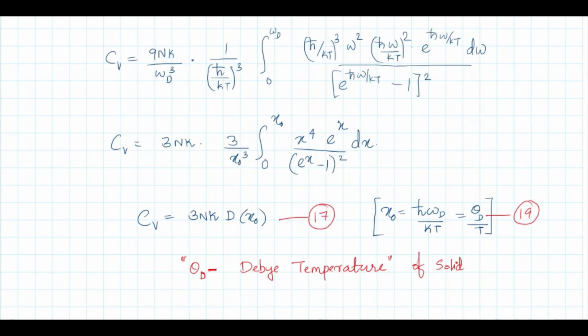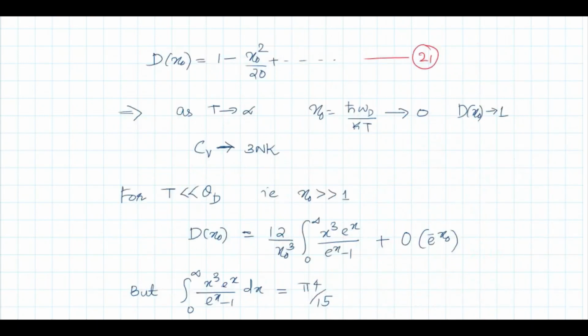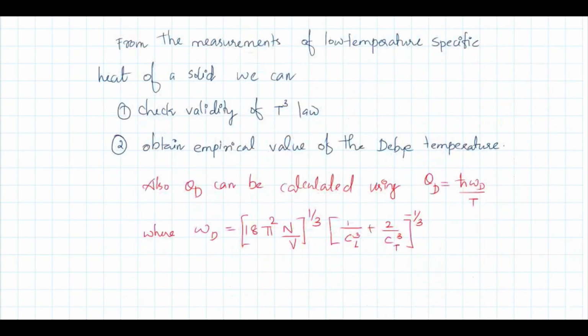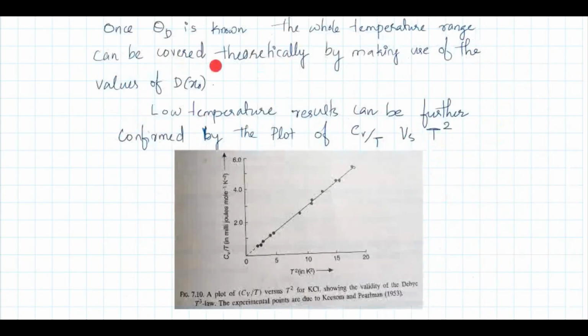And x naught is theta D by T. So for substituting for x naught, we need the value of theta D. Once we have it, we can cover theoretically the entire values of D of x naught, or we can plot Cv for the entire temperature range.